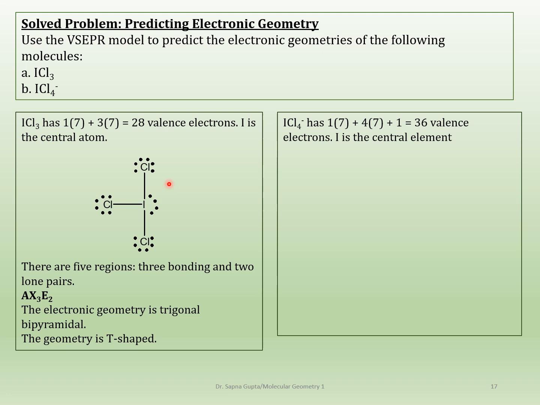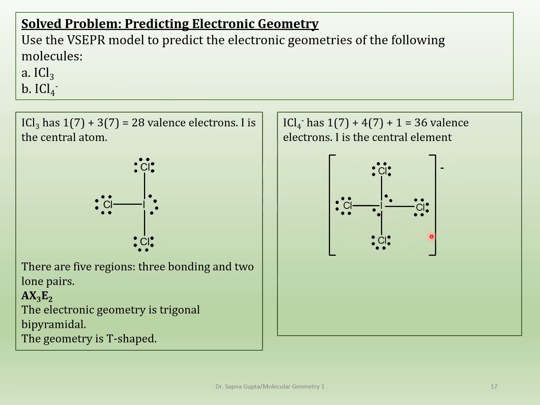Now remember, for 5 electron groups and 6 electron groups, you can check your notes if you want to. Okay, ICl4 minus, I can see that we're going to have 4 chlorines all around iodine. Here is iodine in the middle, and you've added another atom, so that's what we have now. And we've added an electron also, and that added electron goes on the iodine in the middle.